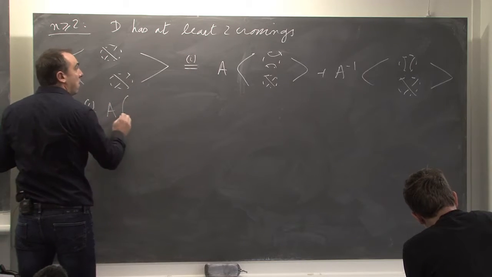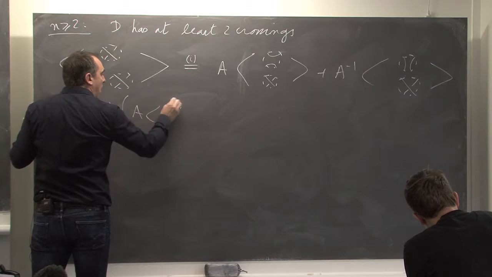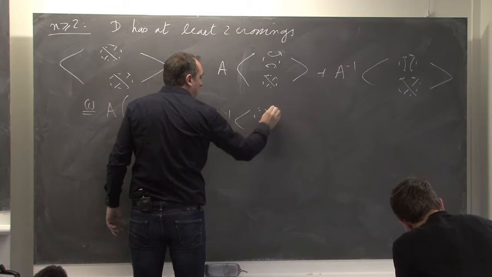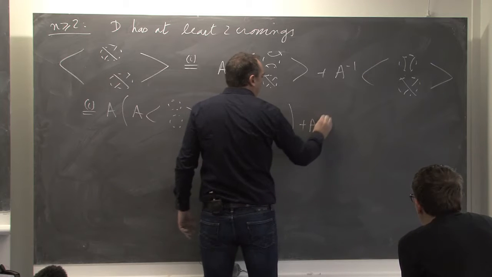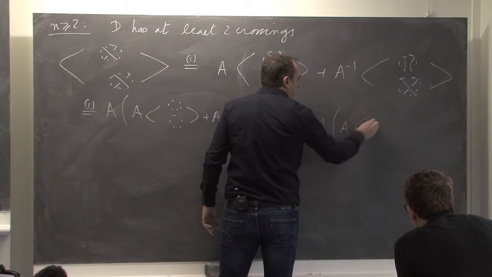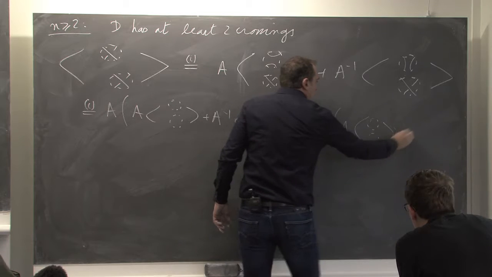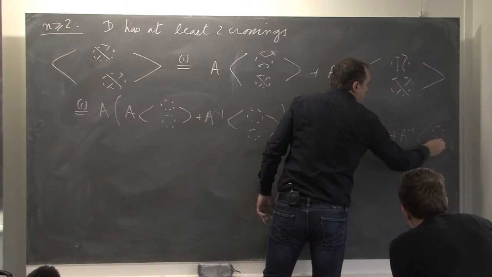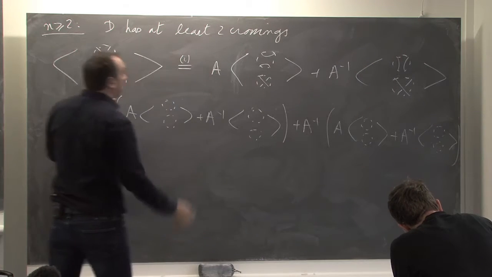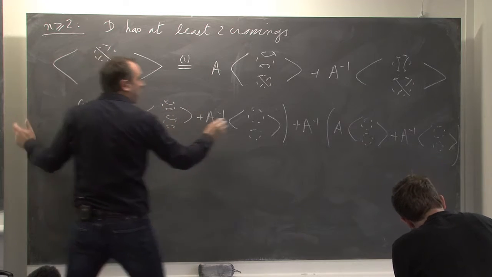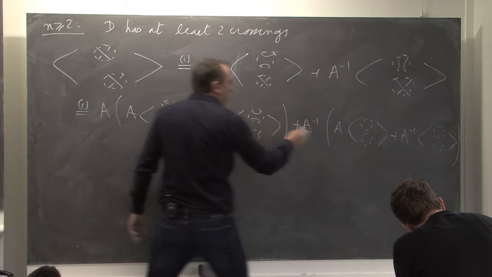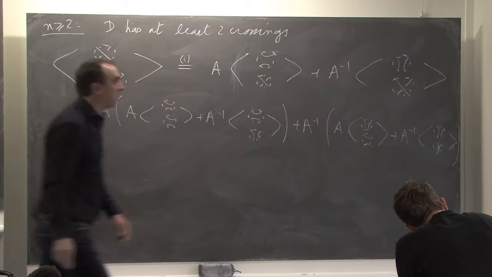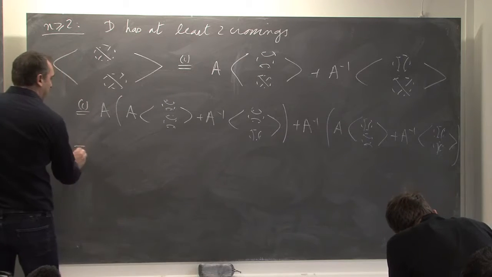So we have A with A inverse, with A inverse, A. Okay, so this was like this. And so this is just A square.